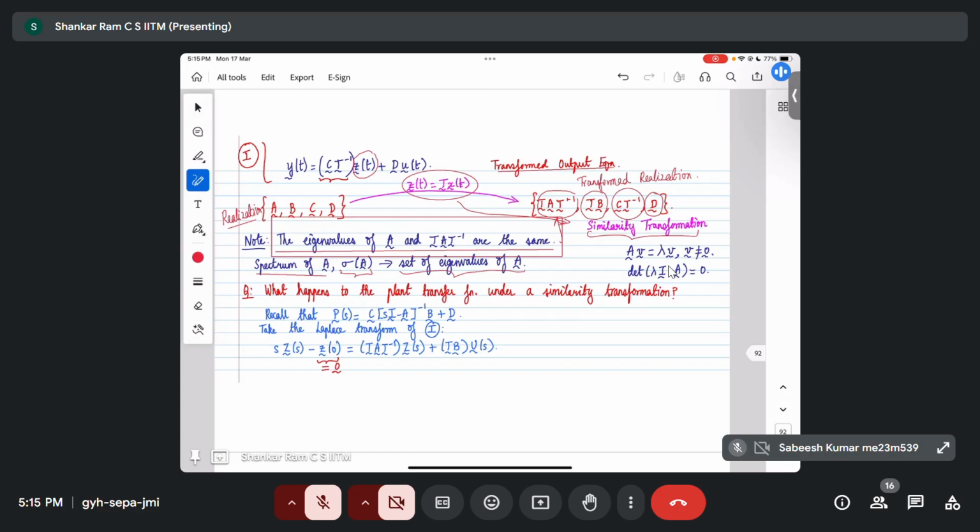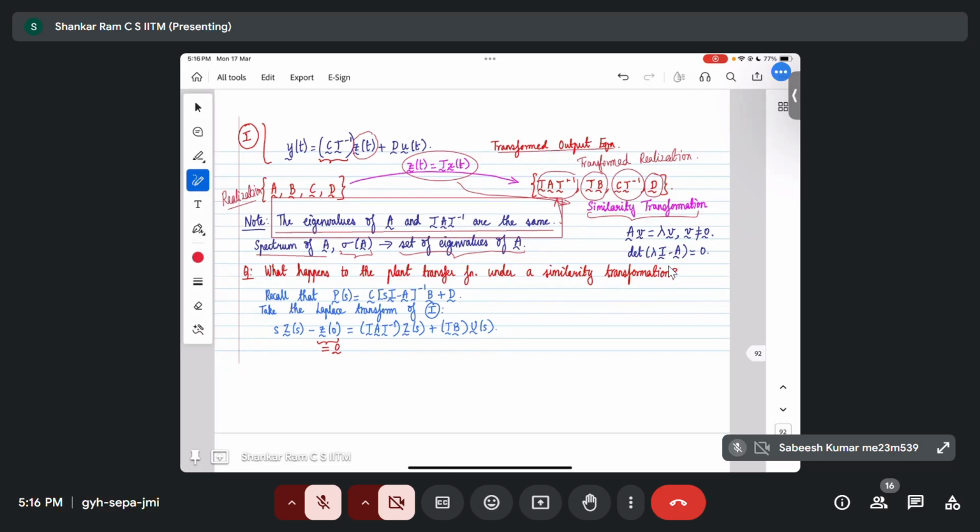The physical system is either stable or unstable. Just because I apply a mathematical transformation to change the state variables for some utility does not mean that the underlying stability of the system will suddenly get transformed. So the eigenvalues remain invariant, whether we consider the older state matrix or the transformed state matrix.